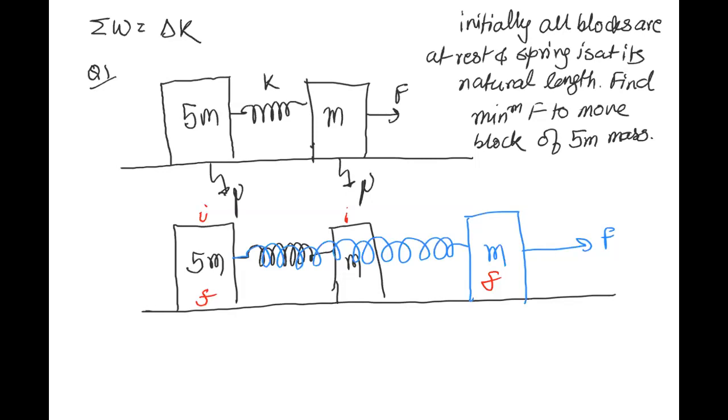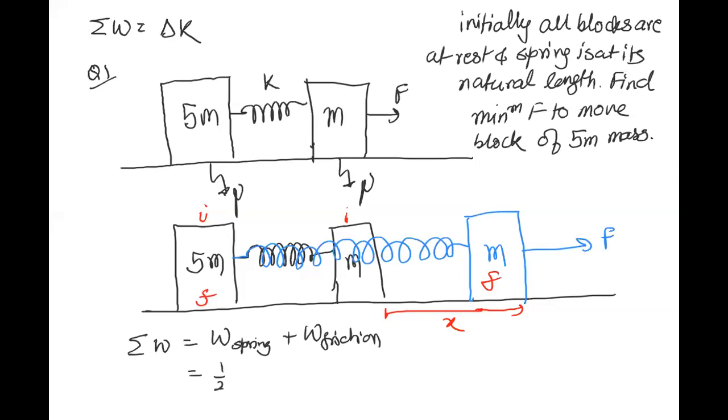So let's say that this distance is x. Then the summation of work will be the work due to the spring and the work due to the friction.